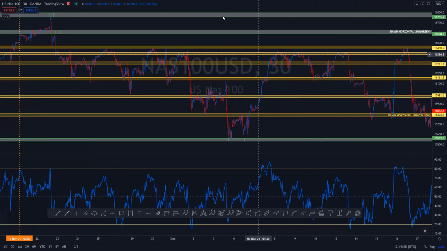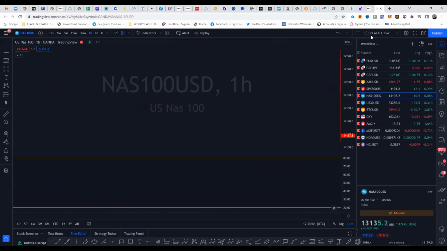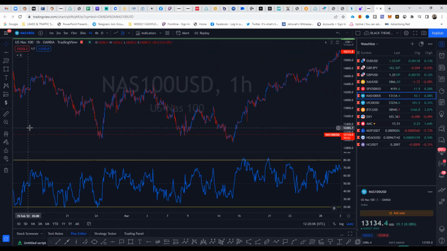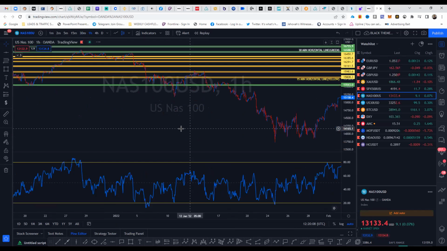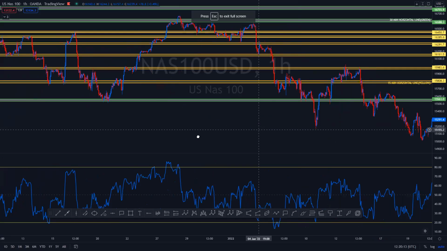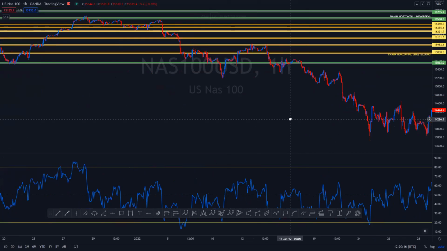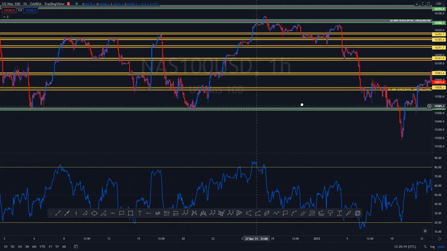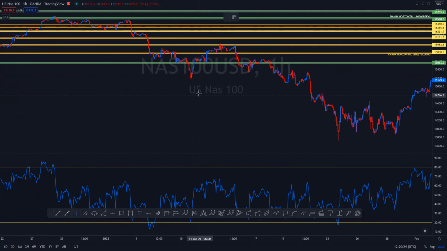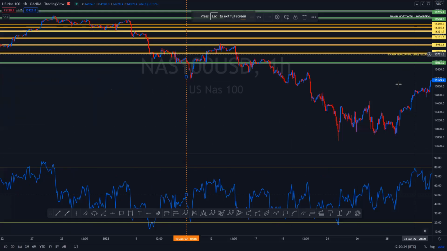So now we're going to go ahead and move on to the 1 hour. Then what we're going to do is put the vertical line right here. All right.